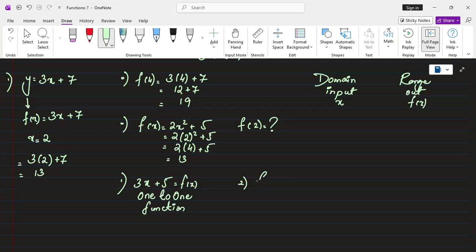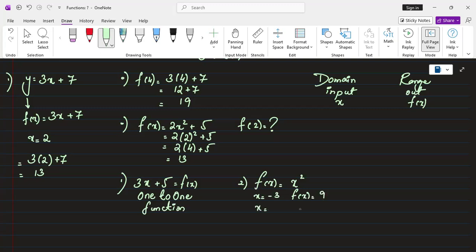Now, the second type of function that you can have is, for example, x squared. In the case of x squared, just remember one thing. If the value of x is equal to minus 3, the answer for f(x) will be equivalent to 9.